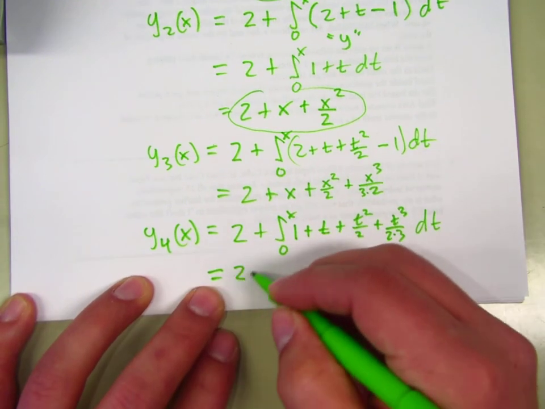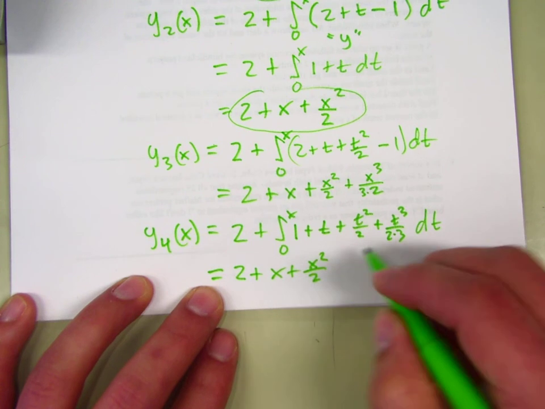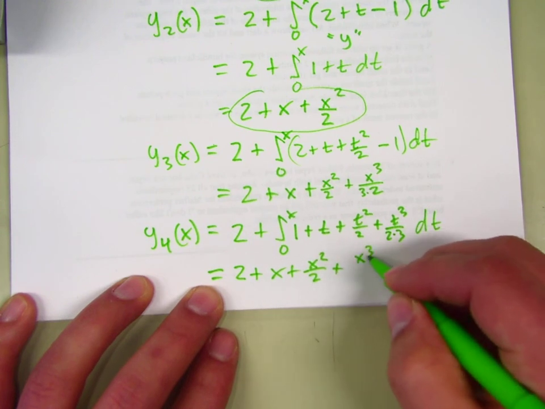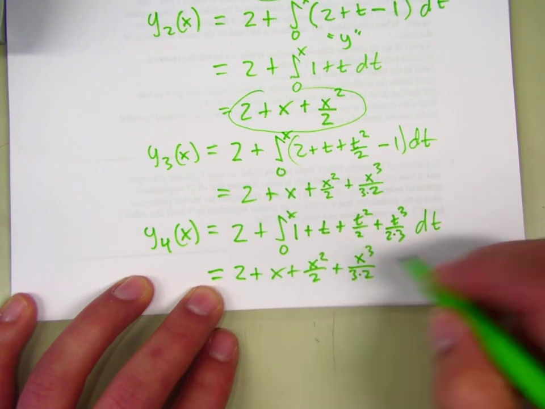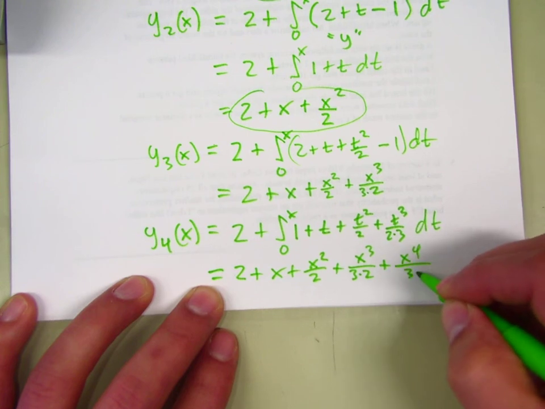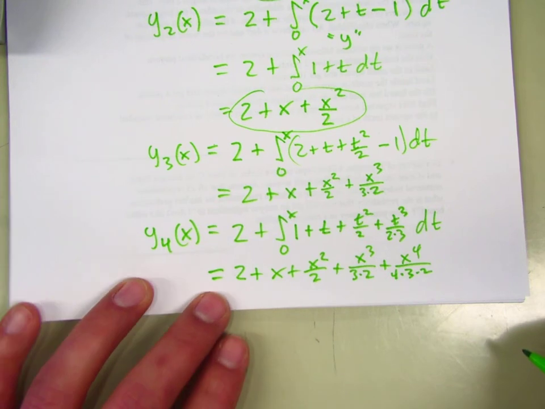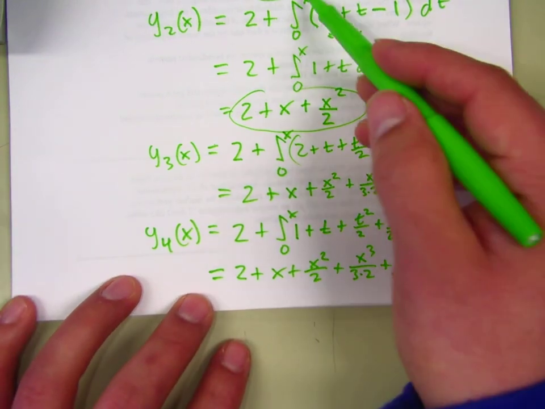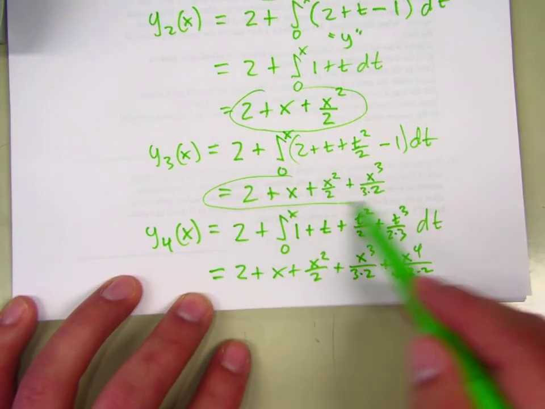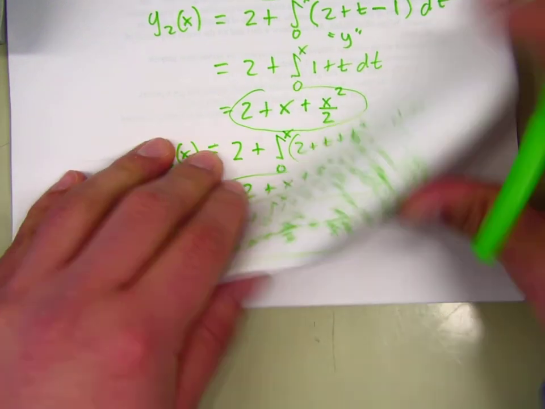And so now I get 2 plus x squared over 2 plus x cubed over 3 times 2 plus x to the 4 over the 3 times 2 is still there, but now I throw in a 4, right? And so there's your 4. 1, 2, 3, 4. Okay.